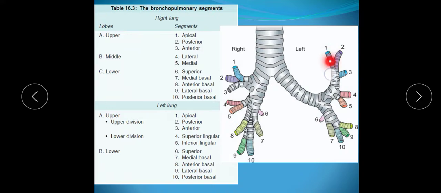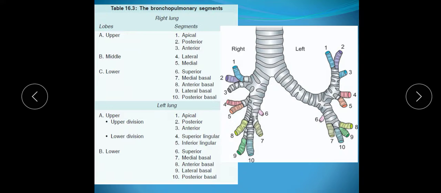These are apical, posterior, and anterior. And the lower division has two bronchopulmonary segments, which are the superior and inferior lingular bronchopulmonary segments. Then the lower lobe has the same bronchopulmonary segments as the right lung.